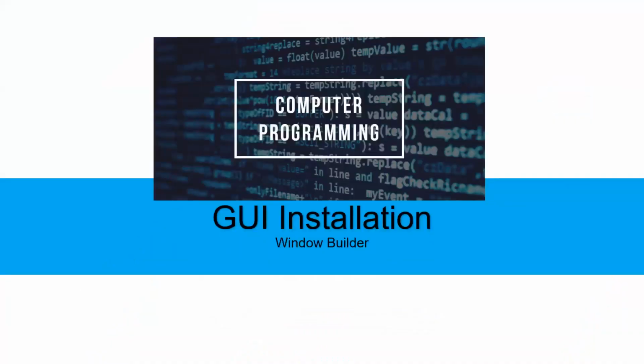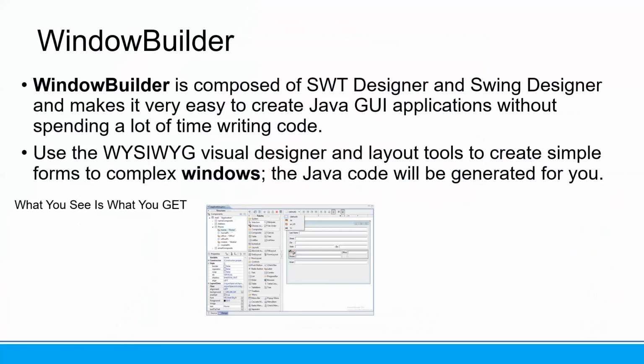Last week on Thursday, I already shared with the class about one of the tools that we can use in Eclipse, which is WindowBuilder. In this WindowBuilder, we can use drag and drop.